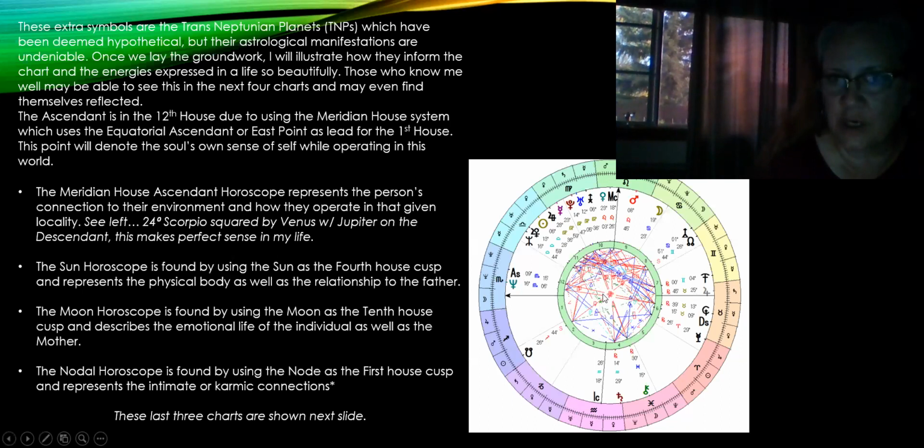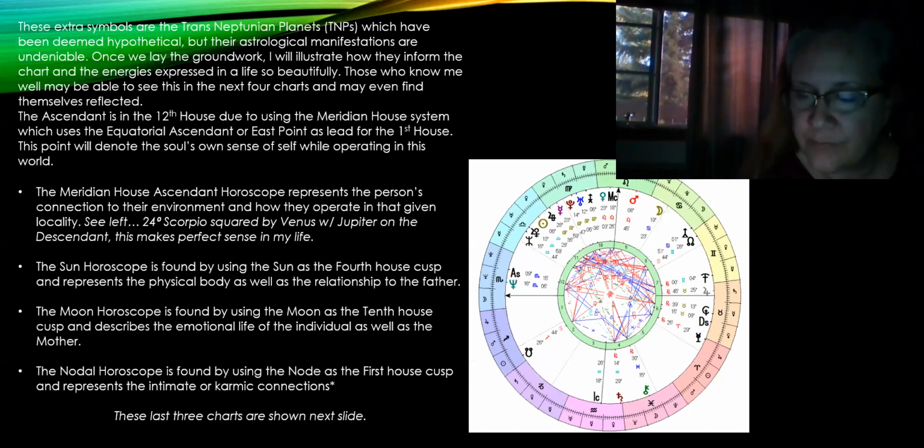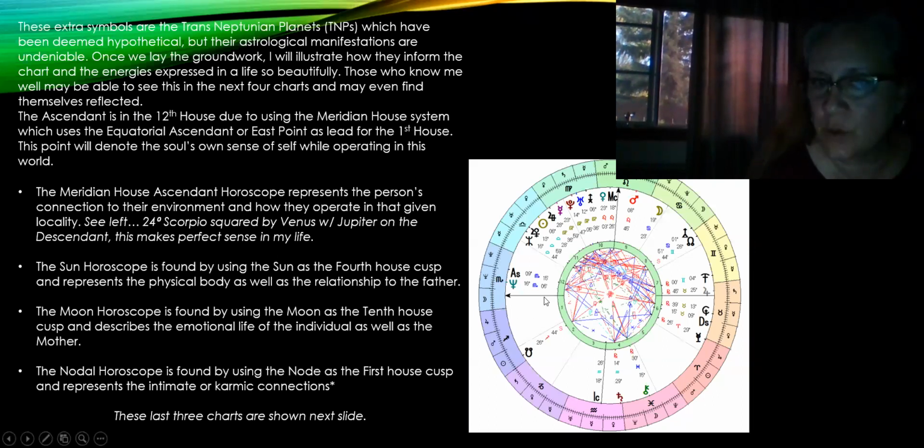This is just my chart. I just wanted to show the meridian house and these other house systems, because these are systems that are used by the Uranian astrology. You turn your house for the focus that you're looking for out of your chart. Some other teachings do this, but these are specific to this one. So with the meridian house system, we have the Equatorial Ascendant.